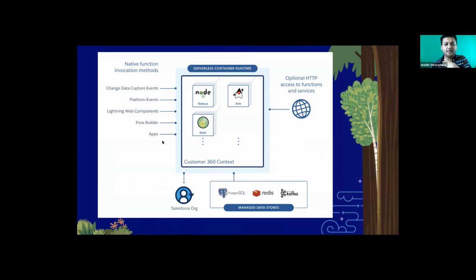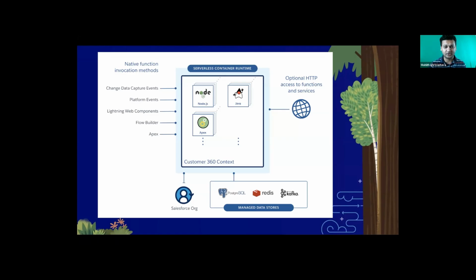So really the idea of the function was, we built that HTTP serverless function. Now, first of all, look at the invocations that you see here. One of the things that functions will have is that you can invoke them from a lot of different components inside Salesforce.